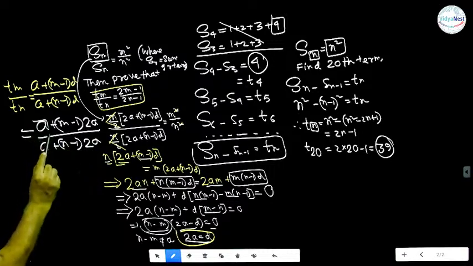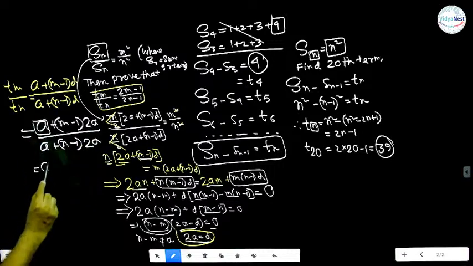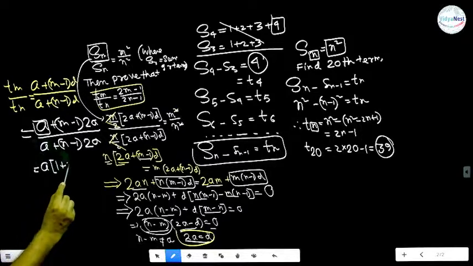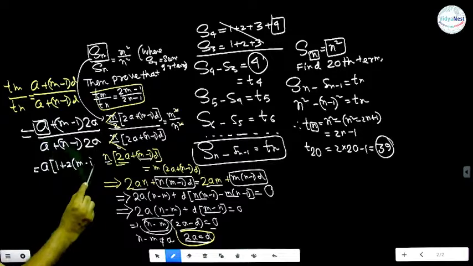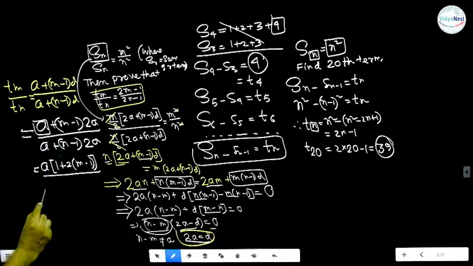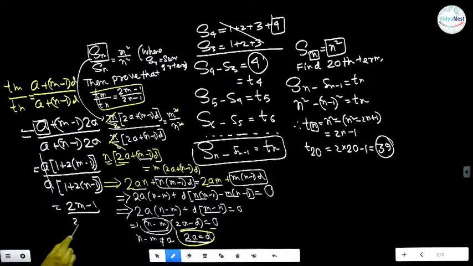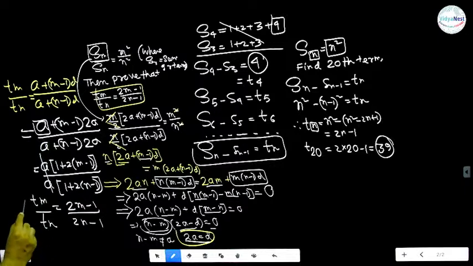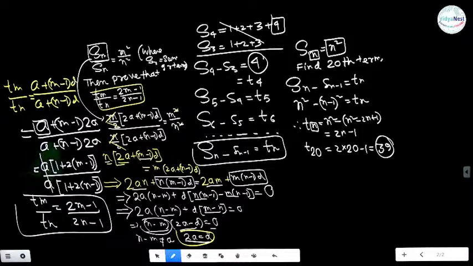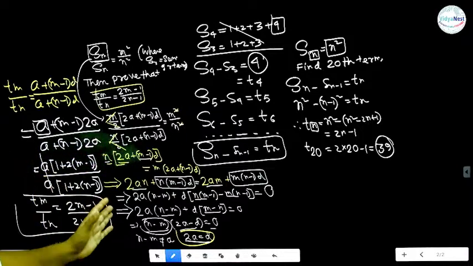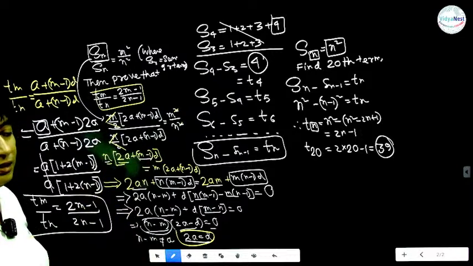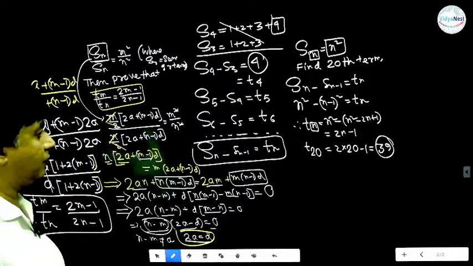What can I take common? A from numerator and denominator. What will be left for us? A will get cancelled. 2m minus 1, 2n minus 1. So we have got the proof. So simple. Even in junior class, this type of sum you have done.